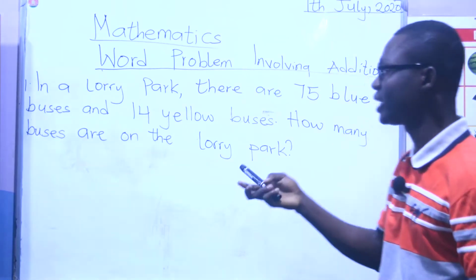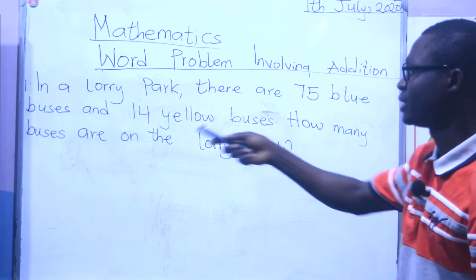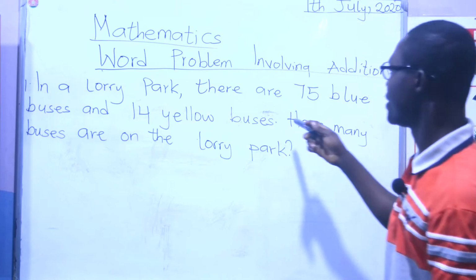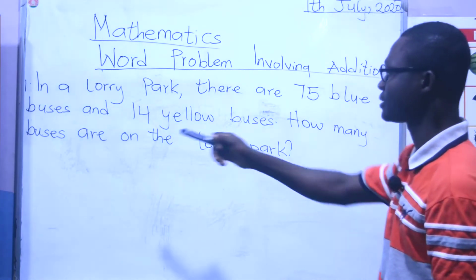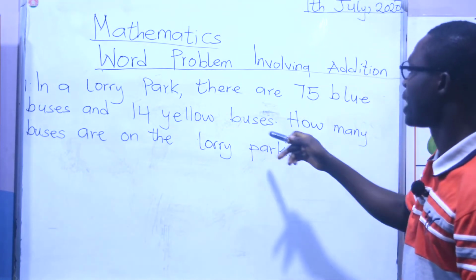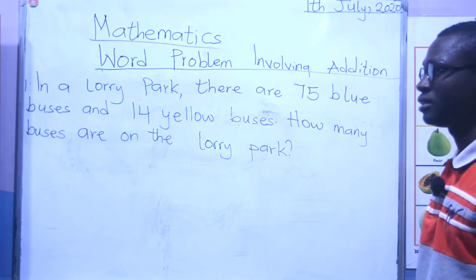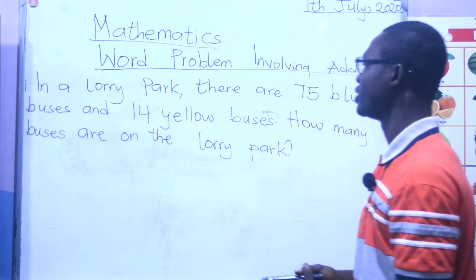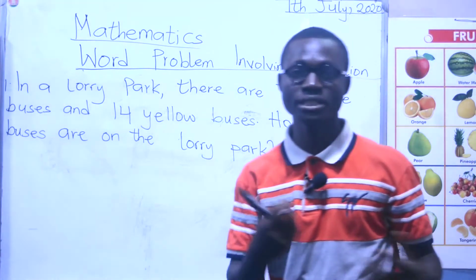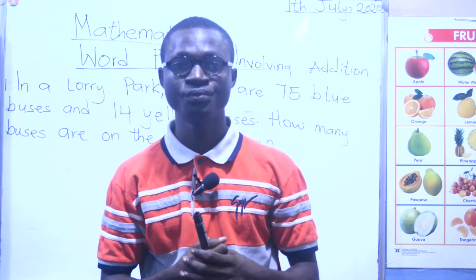Now, let's look at another example. In a lorry park, there are 75 blue buses and 14 yellow buses. How many buses are on the lorry park? When you get this question, how are you going to do?